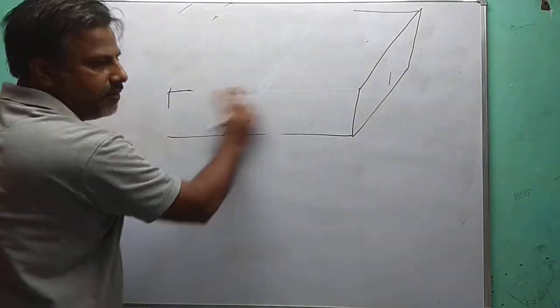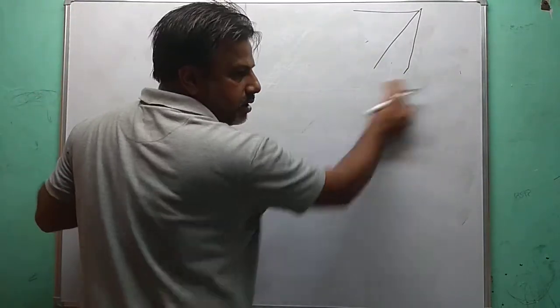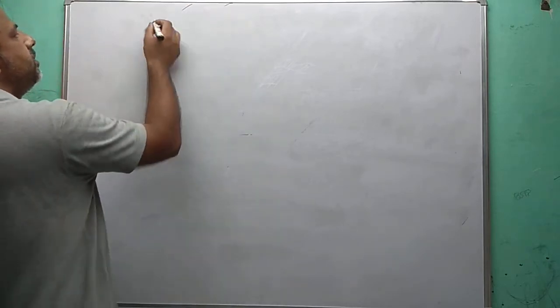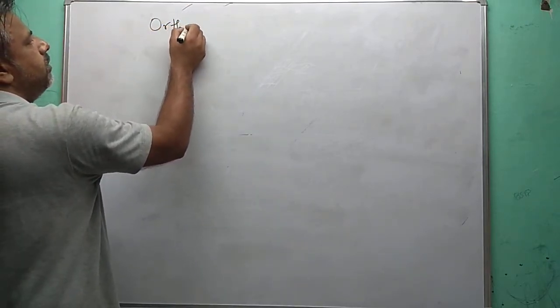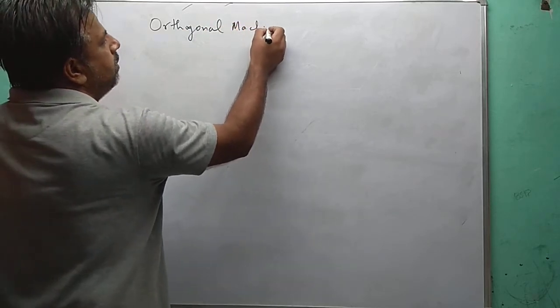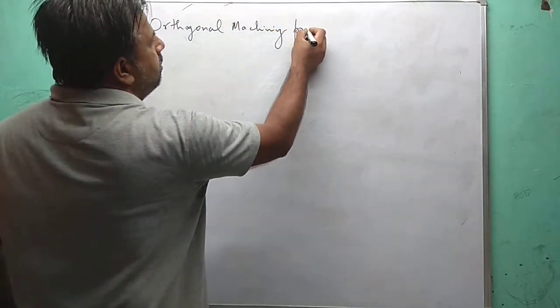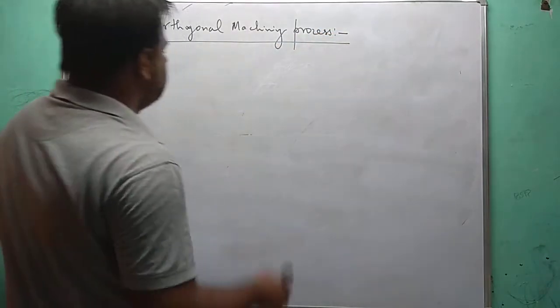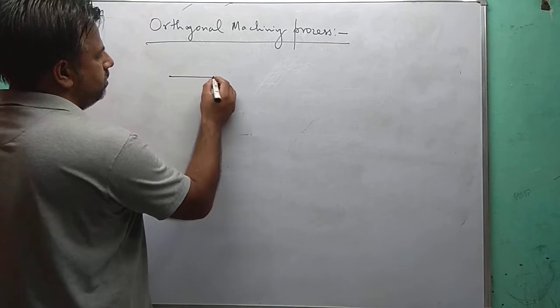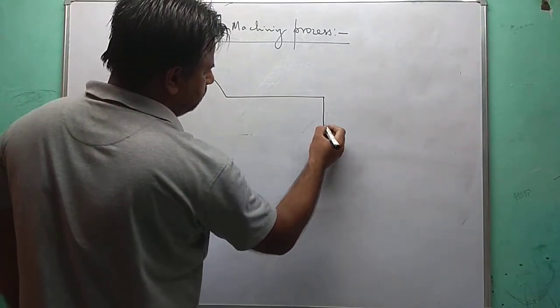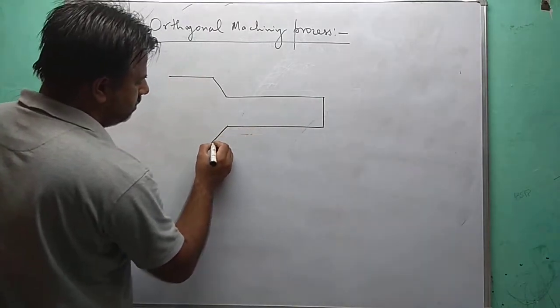Now I will discuss about orthogonal cutting and oblique cutting. In the orthogonal machining process, suppose this is the workpiece in 2D.